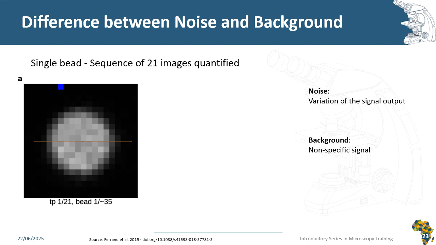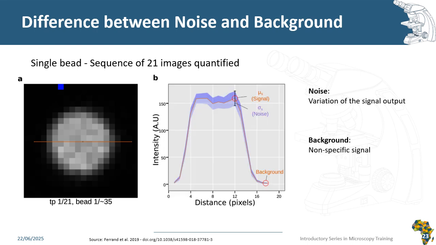For example, you can see this with this image and this quantification. We take a single bead, acquire it and quantify the single bead 21 times, to see how the signal is around this line in orange you can see here.